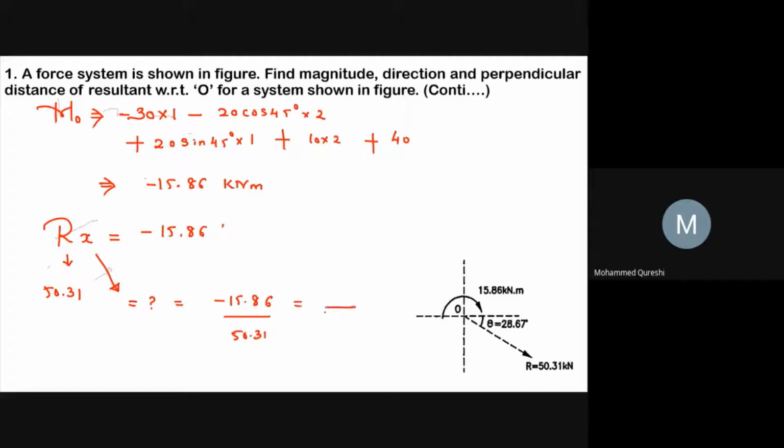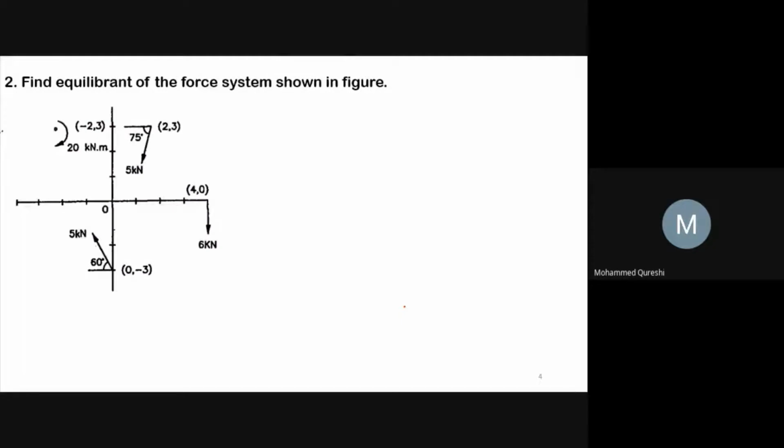You will get the value of X in meter. So by this way, you have to find the value of resultant force having the magnitude, direction and the perpendicular distance. Now we will go for the another example.